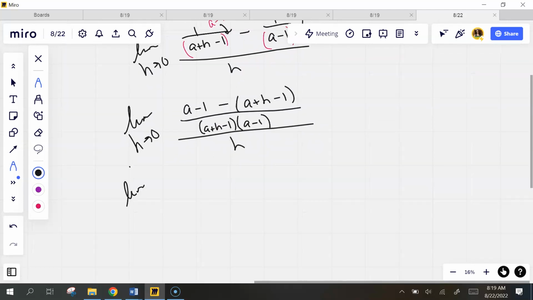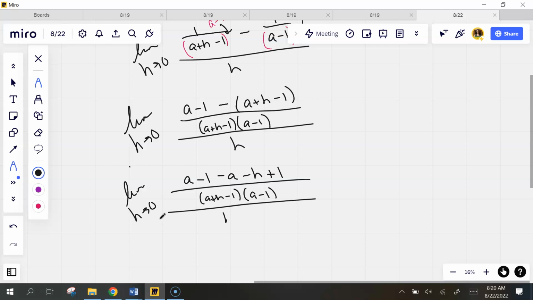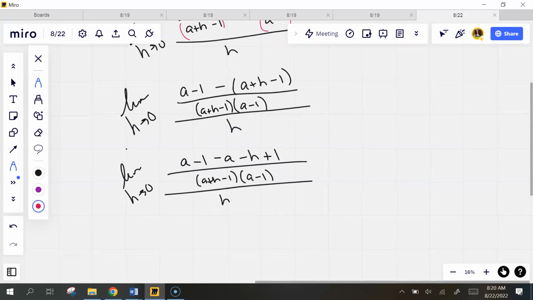Now the limit as h goes to 0. I'm going to write this out for you so you see what it looks like with the negative distributed. Don't start canceling anything out here, because to cancel factors out, you can't have plus or minuses that are not in parentheses yet. But it looks like there's a lot of stuff that's going to start canceling. The a's are going to go away as well as the 1s.